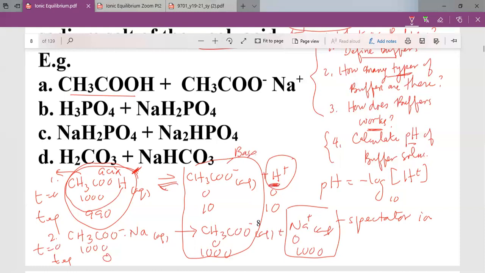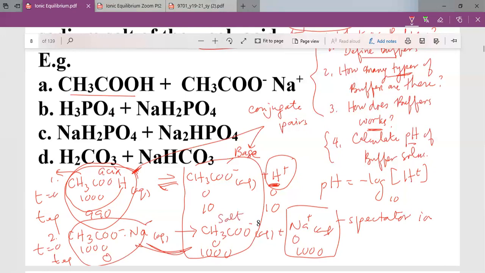So these two are conjugate pairs. Very important. It's a base. That's why this is actually a salt of this acid. Sometimes this salt is also referred to as a base, because they don't want the Na plus only. But I like to call this one a salt.